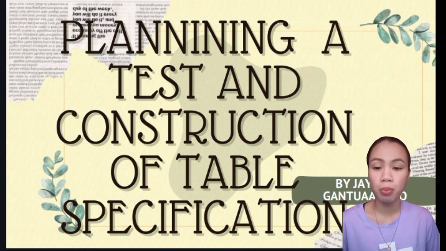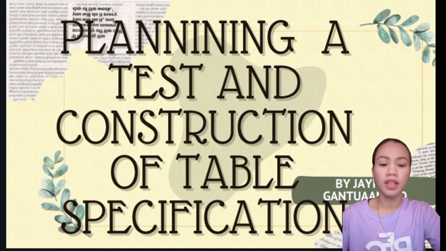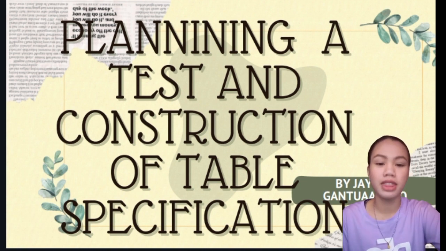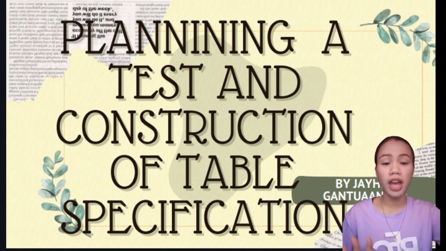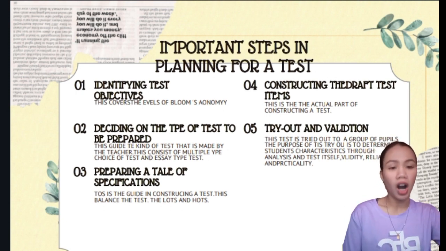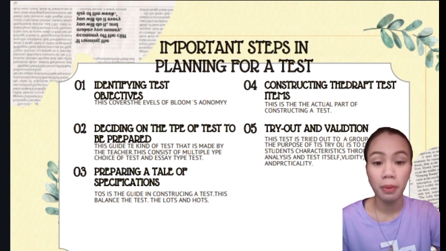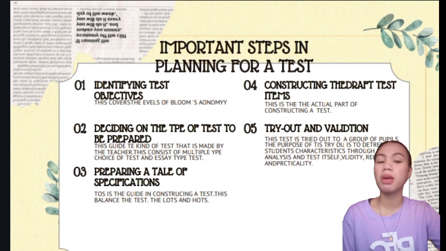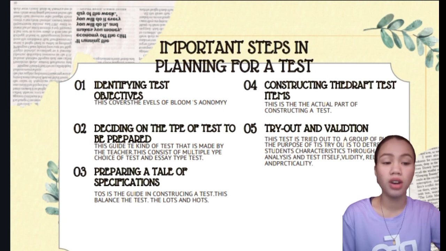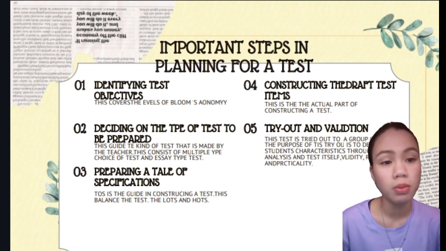There are five important steps in planning for a test: identifying test objectives, deciding on the type of test to be prepared, preparing a table of specifications, constructing the draft items, and the last one is the tryout and validation. Let's go first to identifying test objectives.